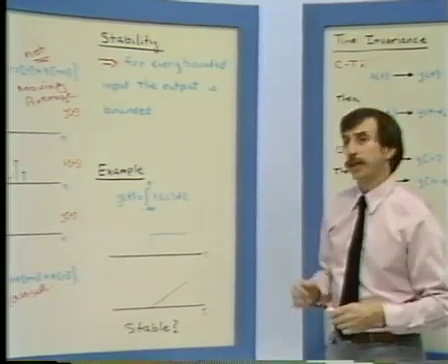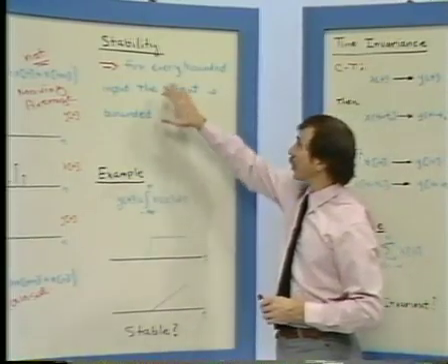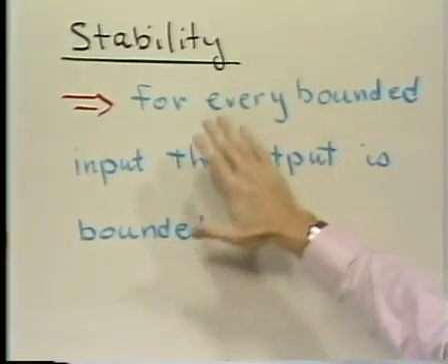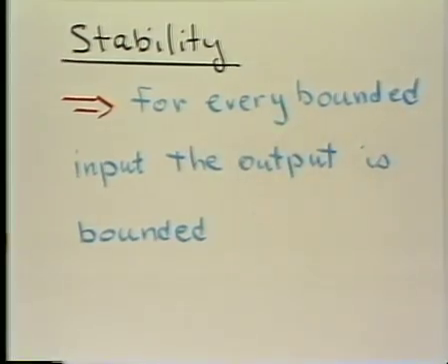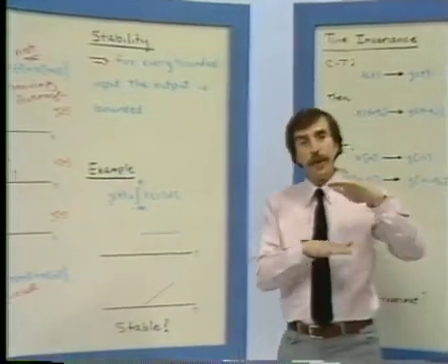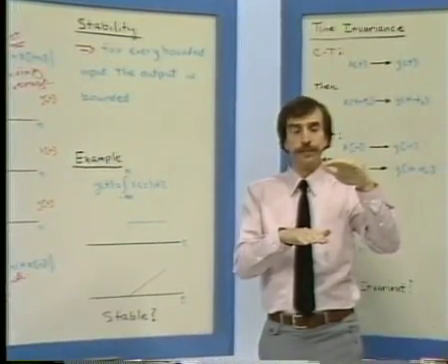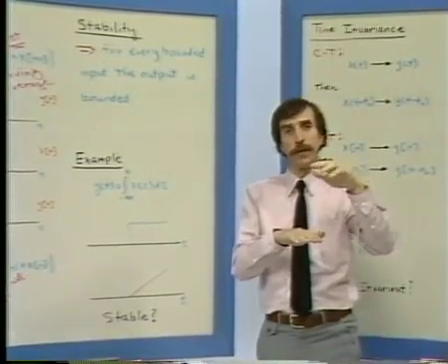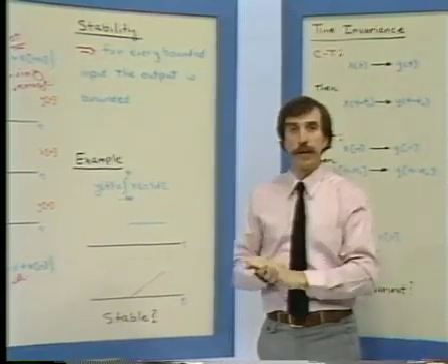Essentially, a system is stable if and only if, for every bounded input, the output is bounded. So the notion is, if you have a system and the input never gets above some finite value, then stability requires that the output also stay within some bounded values.